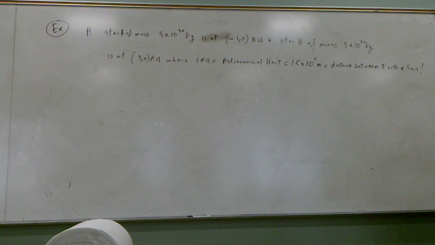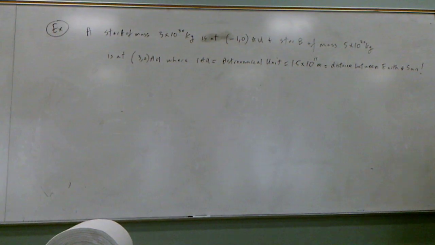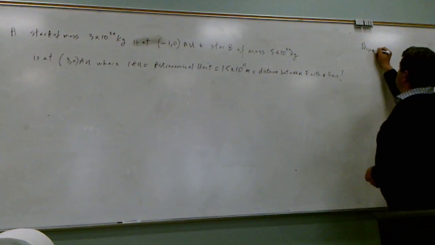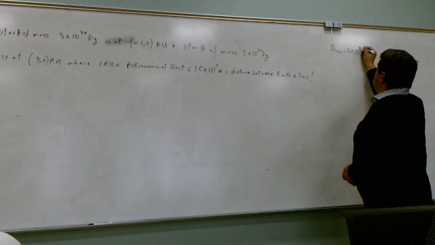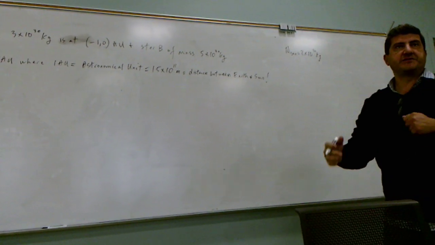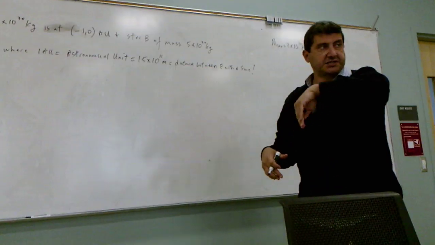Okay, so star A has mass 3 times 10 to the 30. Remember on Monday when we covered the masses of our sun and planets, we saw that the mass of the sun was 2 times 10 to the 30 kilogram, and then we gave a range of different masses. We said this is the heaviest a star can be, this is the lightest.